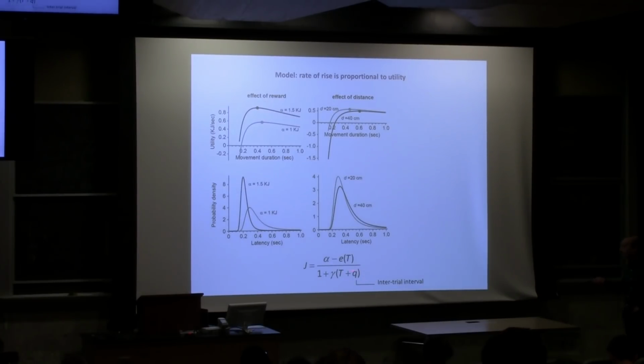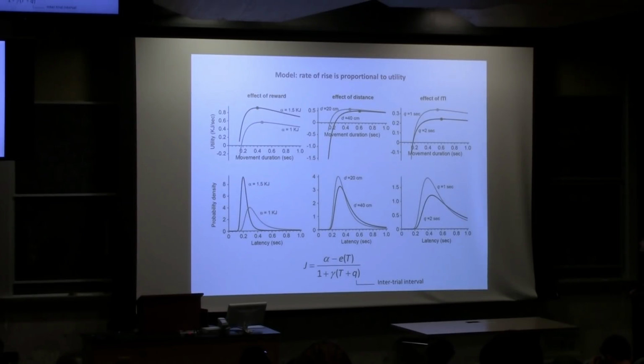Okay, so when you add this to the denominator, you should slow the movements. People should start making slower movements, and they should make their reaction times longer because you're reducing the utility of their movements. And that's exactly what we're going to see. So if you add 1 second of inter-trial interval, you're going to have some utility. 2 seconds, the utility is going to fall, and the movements are going to become longer in duration.